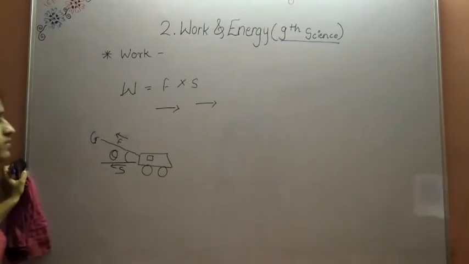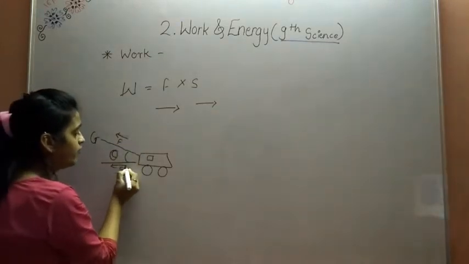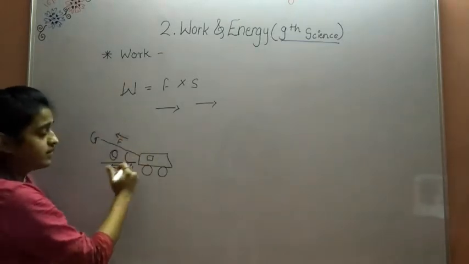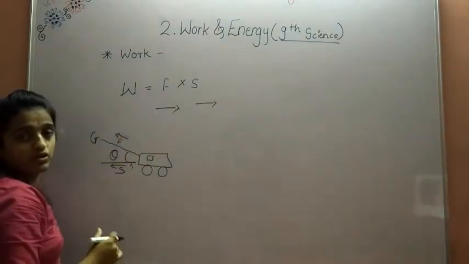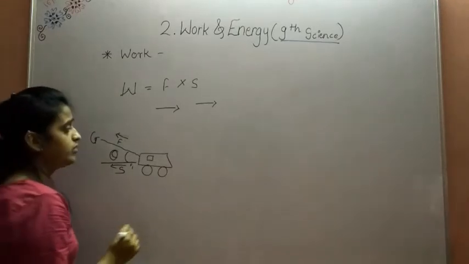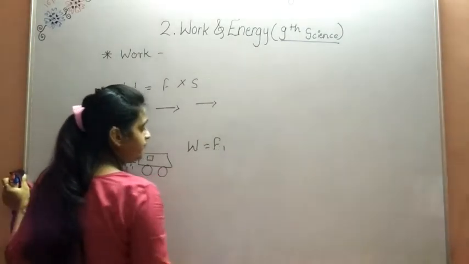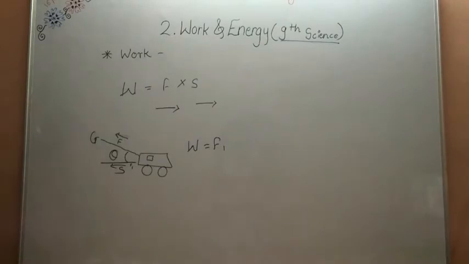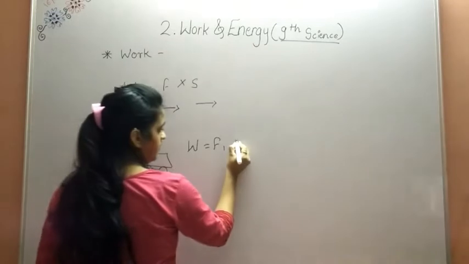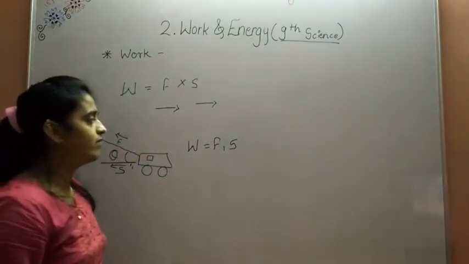So trigonometry says that this is the angle created, and a small part of F, F1, comes here. The force is in one direction and the displacement in another direction, so the direction has changed. So the equation is W equal to F1 into S. In the last lecture we found the value of F1.